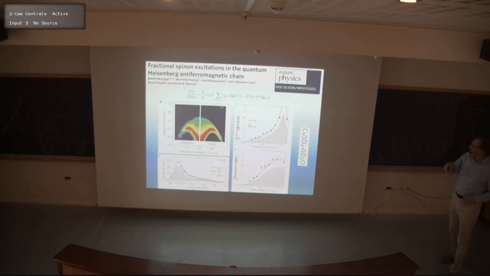The two spinon and higher numbers of spinons as well. And you can see the agreement is pretty good here. I should warn that with these maps, a lot can be swept under the rug, but not so much when you show these cuts here. This is really the true thing. And with just one parameter, the exchange constant, they can very accurately describe all of these energy dependencies and momentum dependencies.